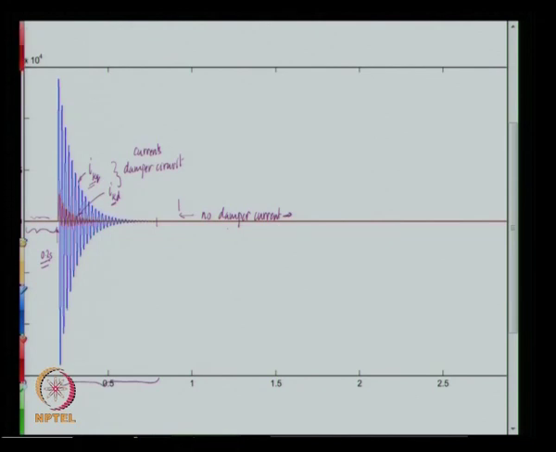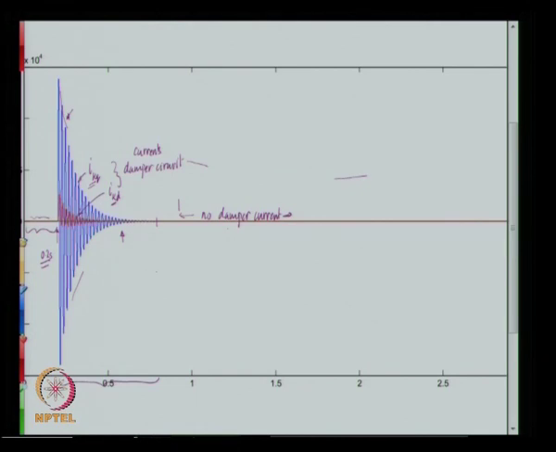And you can see that this effect is felt in the earlier graphs of Ia that we saw. Initially there is a fairly high decay rate, then a fairly slower decay rate, and finally there is no decay at all. The initial decay rate arises because of this flow of current ikd and ikq, which decay down very fast and go down to 0.